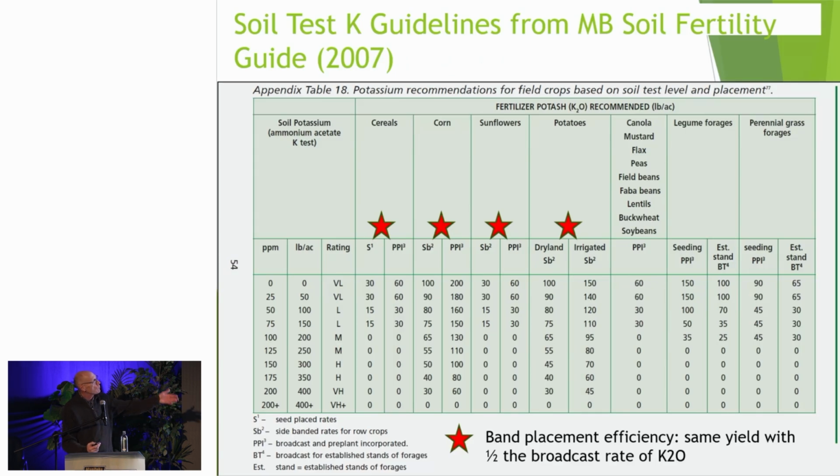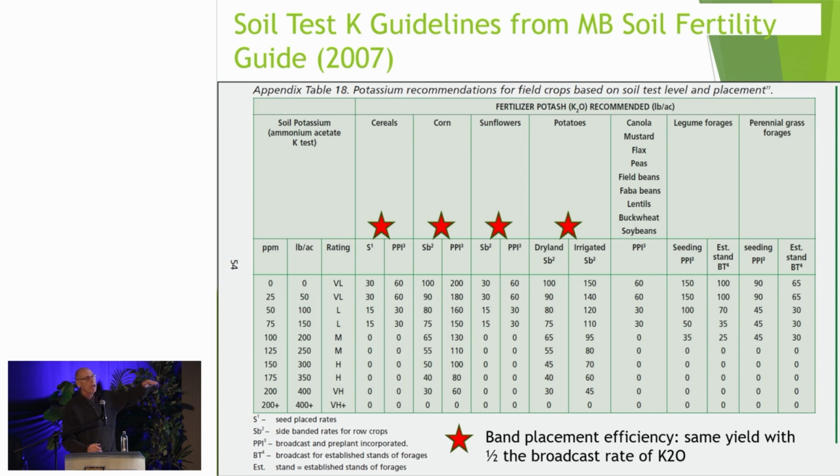Our soil test works rather well for potassium by measuring the amount that's there on the clay and organic matter exchange sites. The one thing that we may sometimes overlook is that our recommendations are based on broadcast applications or starter or banded potassium. What that reflects is those broadcast rates are higher.